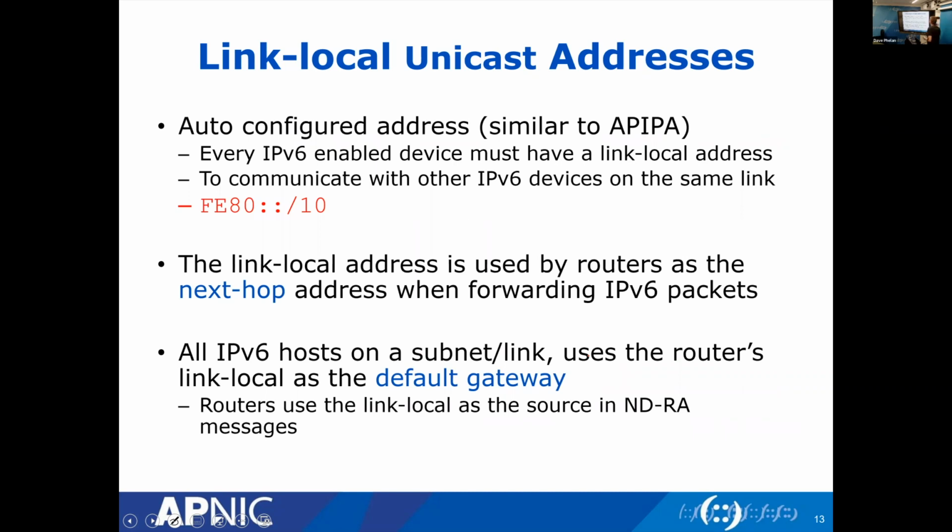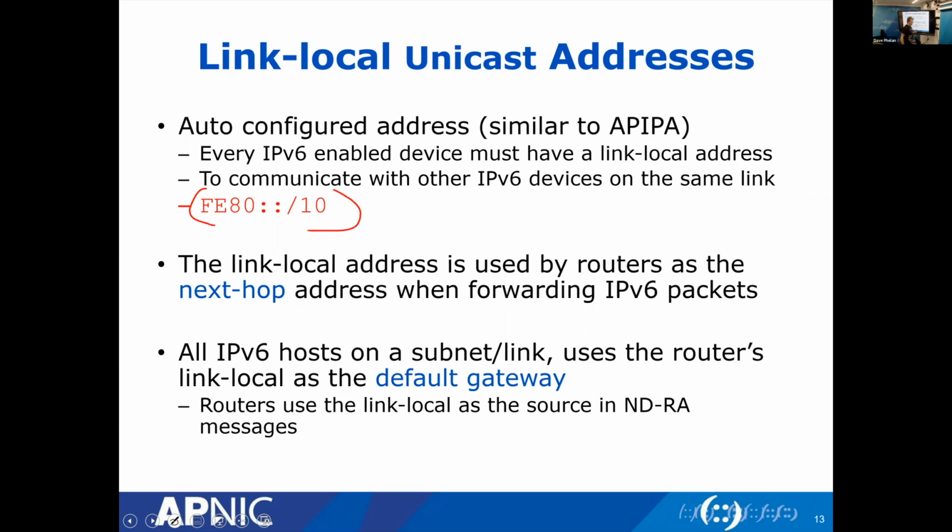So let's talk about some of these other addresses. So that's your global unicast addresses. Link local addresses. Once you've enabled IPv6 on a device, your interface will auto-configure its own link local address. You don't have to go and set it.